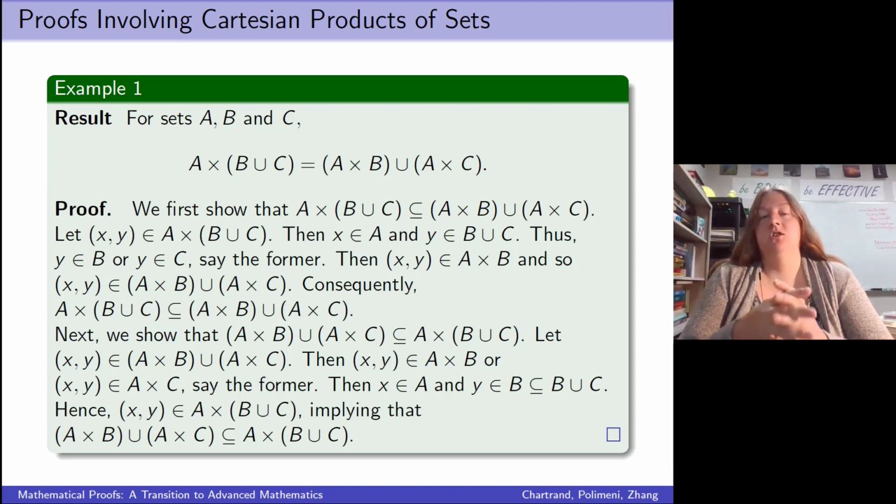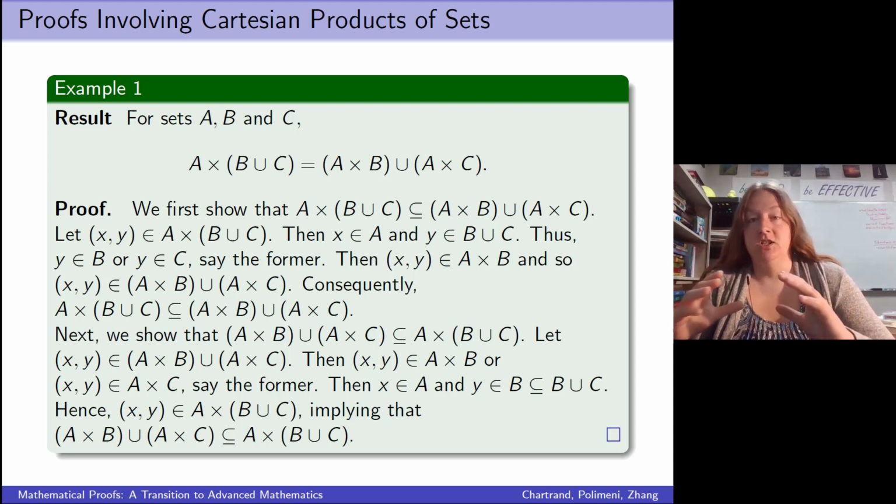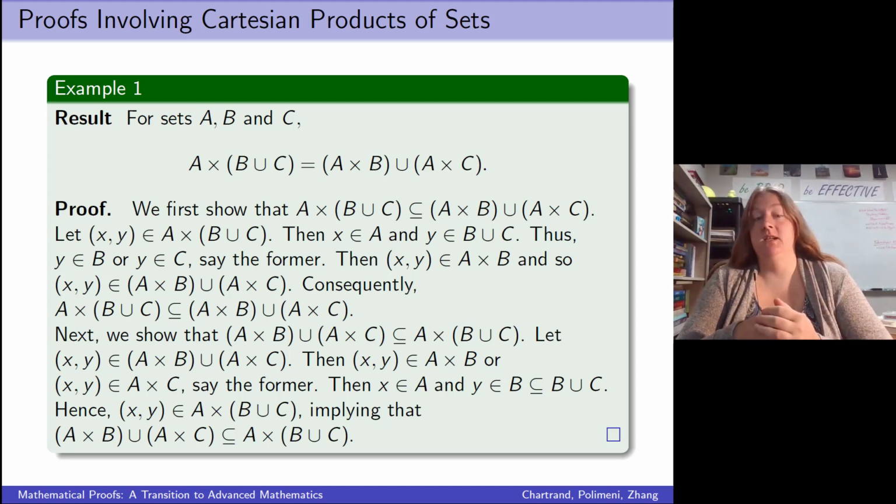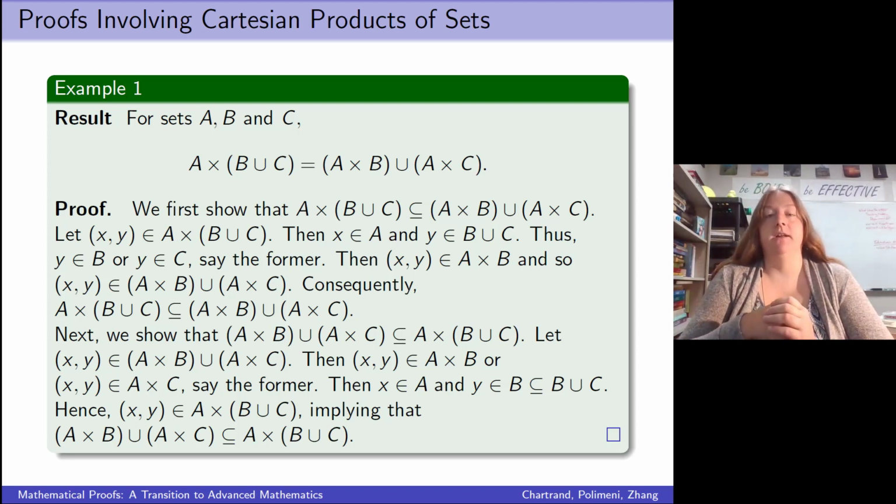So I can, without loss of generality, say, let's say y is in B. Well then, my (x, y) pair is actually an element in the Cartesian product A and B. And that makes it that ordered pair (x, y) an element in the Cartesian product of A and B unioned with the Cartesian product of A and C, or really any other Cartesian product.